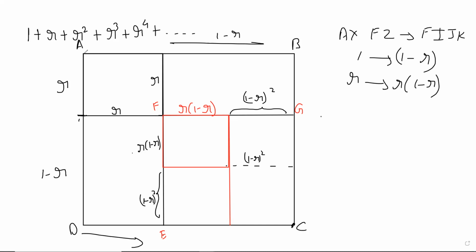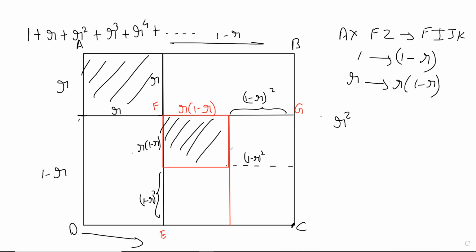But the point is that initially you had a square of side r, so that area is r square. I'm just shading it out. This area is r square times 1 minus r square, right? If we continue like this, what will be the contribution of these diagonal squares?